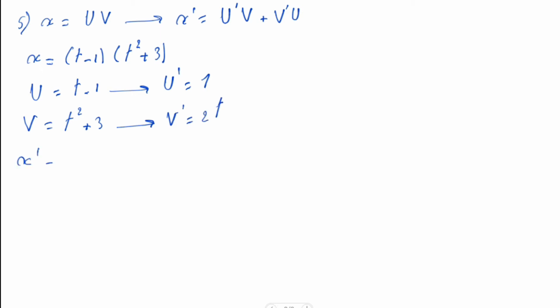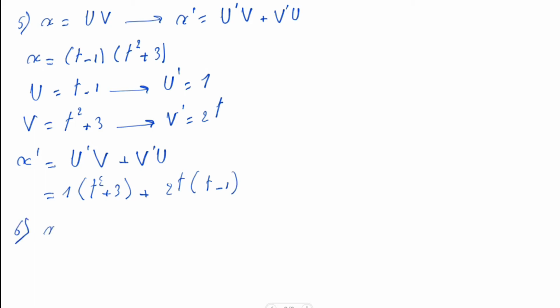So x prime is u prime v plus v prime u, which is equal to 1 times t squared plus 3, plus 2t times t minus 1.